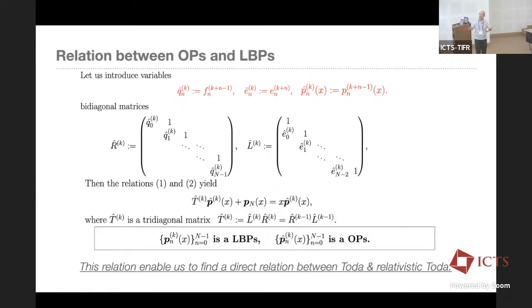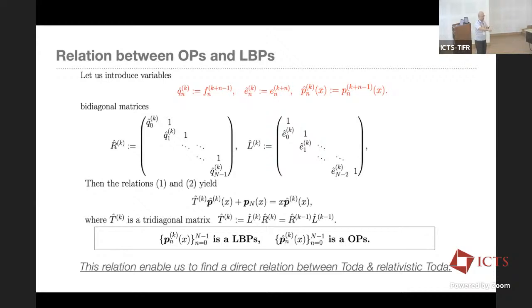This time evolution step can depend on the lattice number n, like this. Then we can introduce new variables, Q hat or E hat, and P hat. So Pn is a polynomial of nth degree, and Pn hat is also of nth degree, but a different choice of nth degree polynomial in each time evolution step.